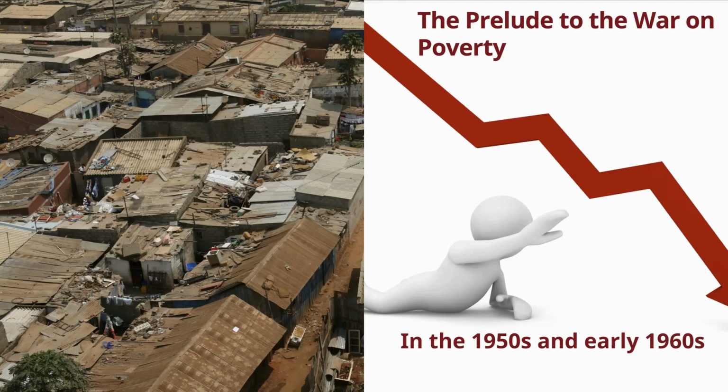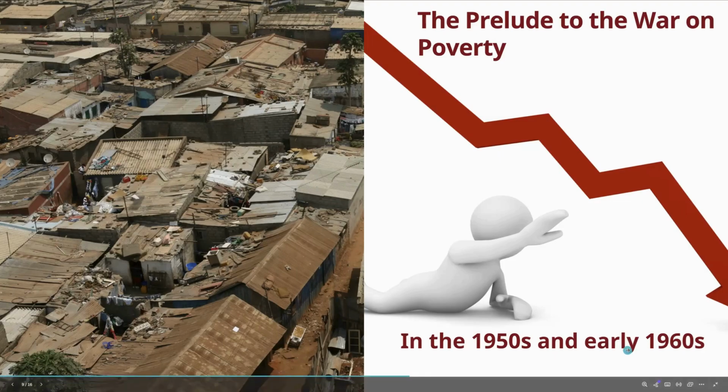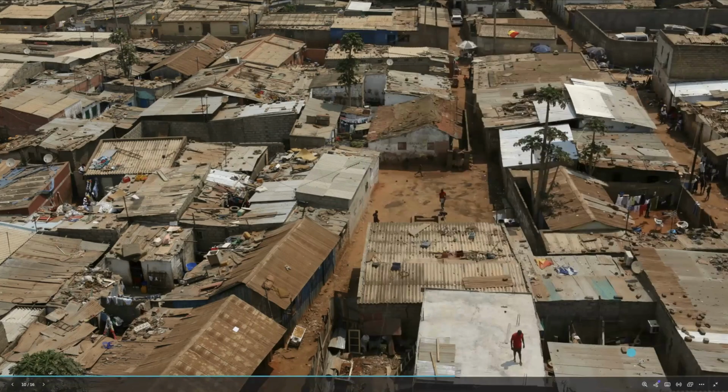However, there were still contrasts between prosperity and deprivation, which inspired action, as highlighted in John Kenneth Galbraith's book, The Affluent Society. President Kennedy launched pilot programs like food stamps to lay the groundwork for President Johnson's initiative.